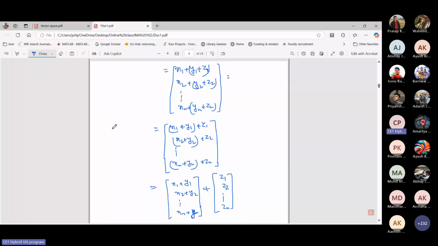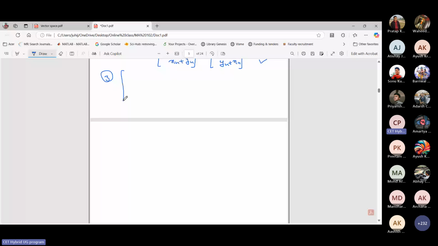I am saying if x is a real number, whether 0, 0, 0, which is an n cross 1 matrix, belongs to V, because it is a real number only. So if this belongs to V, let us denote it by 0 bar to differentiate.